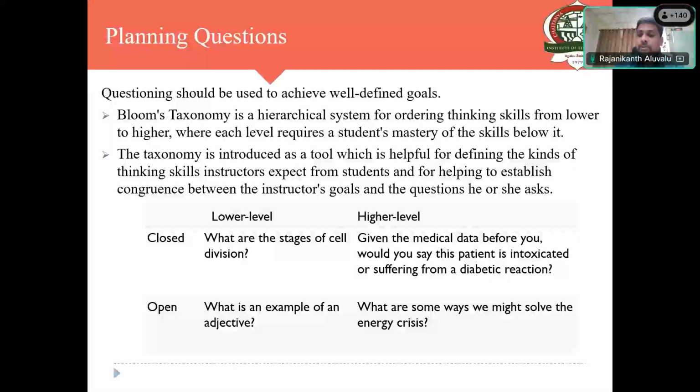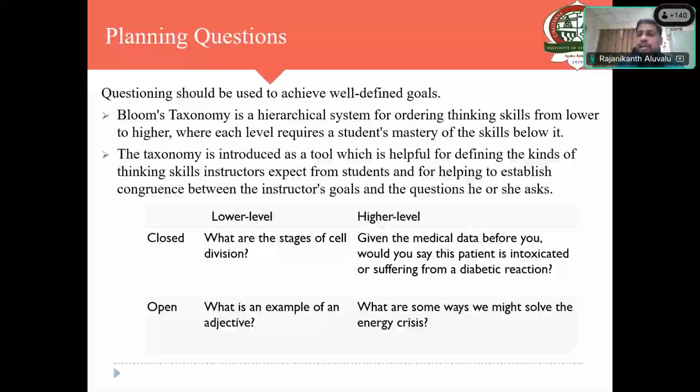Coming to the higher level, it says, what are some ways we might solve the energy crisis? So for this, he has to demonstrate his understanding, applying and analyzing, and finally he has to evaluate as well. So a simple example for you to understand how to give a closed-ended question, how to give a lower level, how to give a higher level, and how a question can be converted from the lower level to higher level.